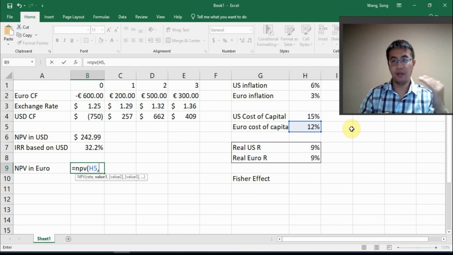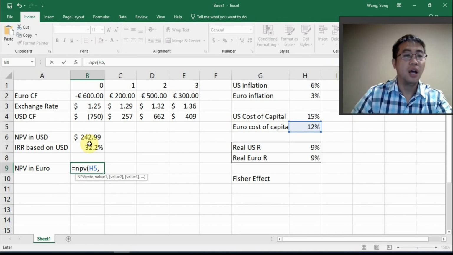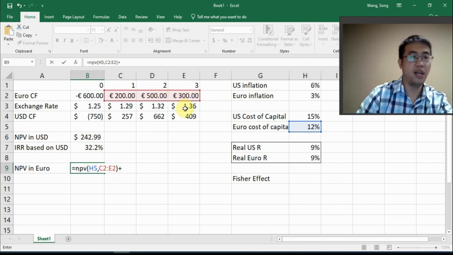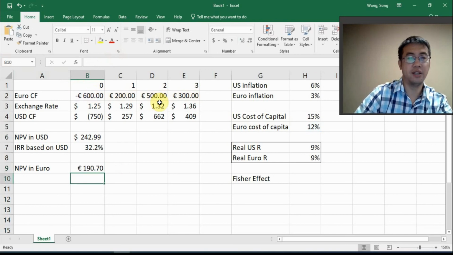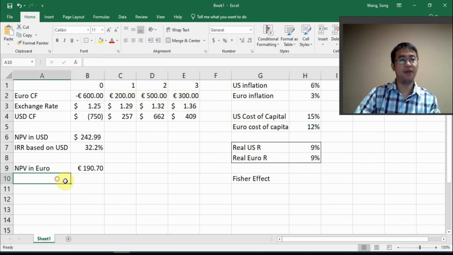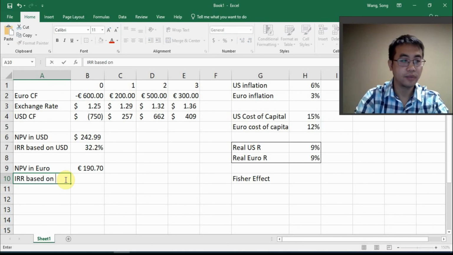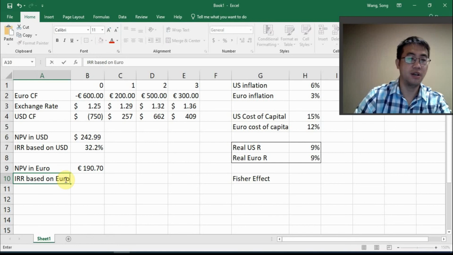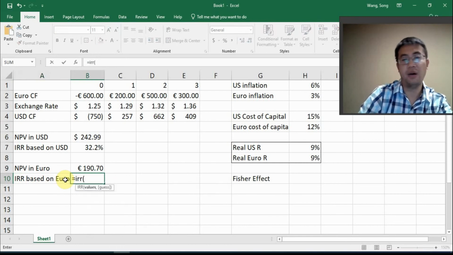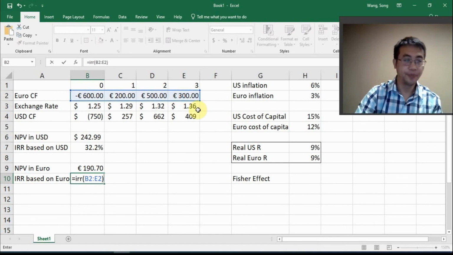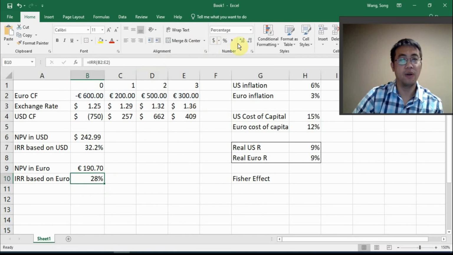If not the same, then international capital movement will eventually make them converge. For the cash flows, this time I choose all the euro cash flows and then add the last one as cash flow 0. So this is my euro NPV. If I want to calculate the IRR based on the euro, it is also pretty easy to do. IRR is always the easiest part. You just use the IRR function and select all the cash flows here. So that's your euro IRR.